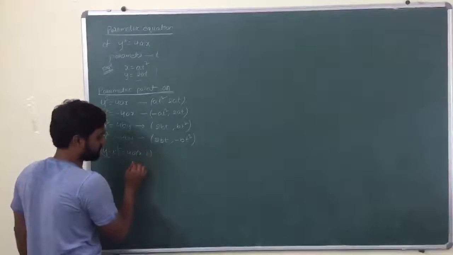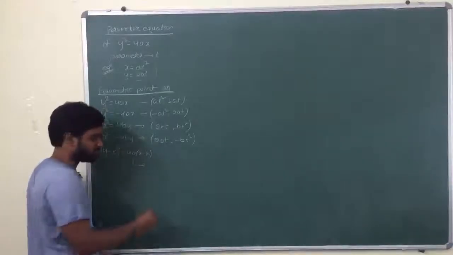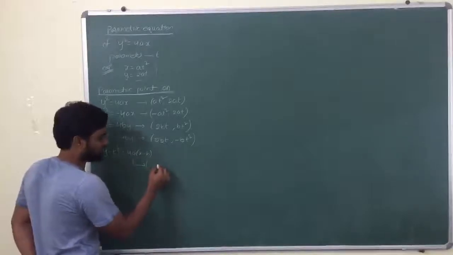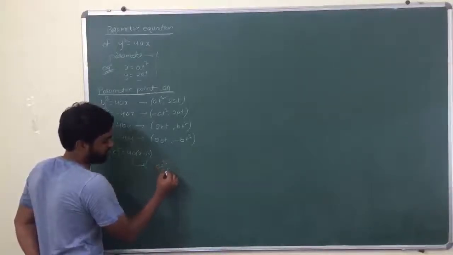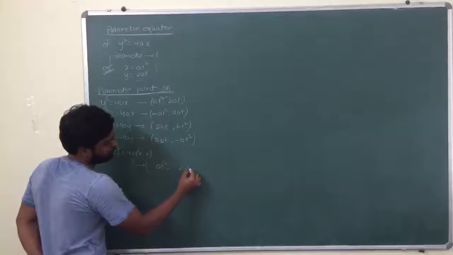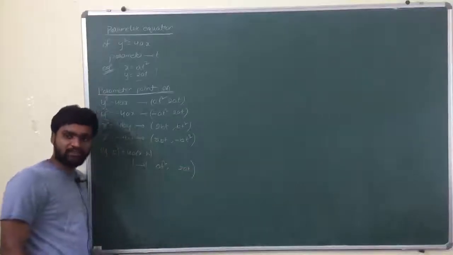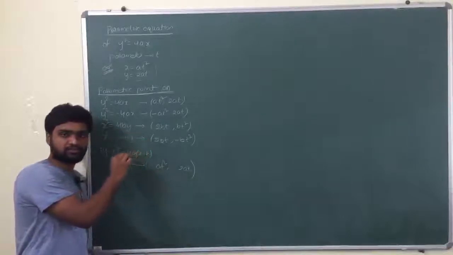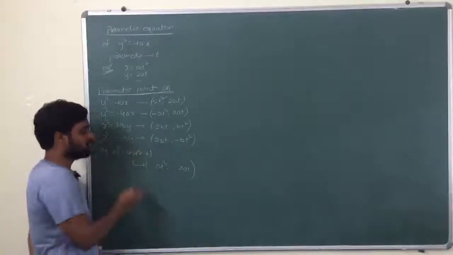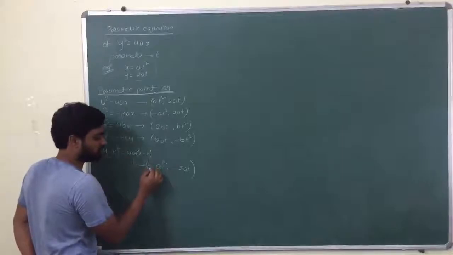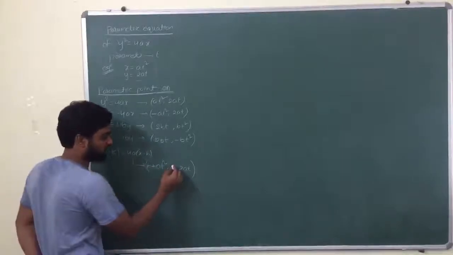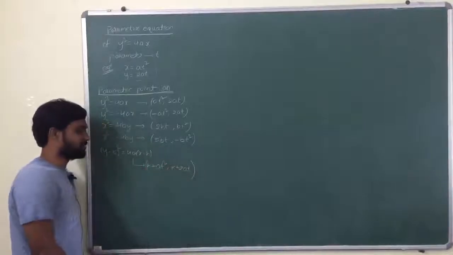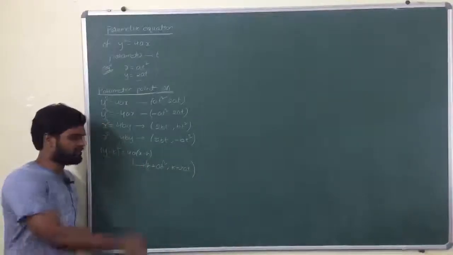For this it would be similarly the same, at square comma 2at. The only difference is here there is an origin shift. So to which point? h comma k. So this will be h plus at square and k plus 2at. h plus at square comma k plus 2at, that is the parametric point.